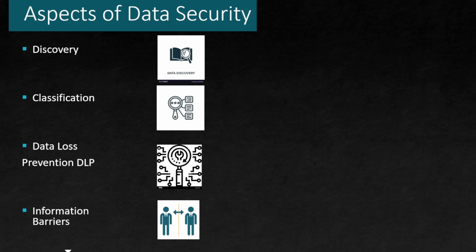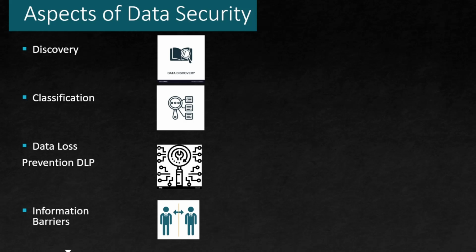And then information barriers are compliance solutions restricting communication and collaboration between groups to avoid conflicts of interest and to safeguard internal information, often used in highly regulated industries. So together, all of these aspects form a comprehensive approach to managing and protecting an organization's data assets.